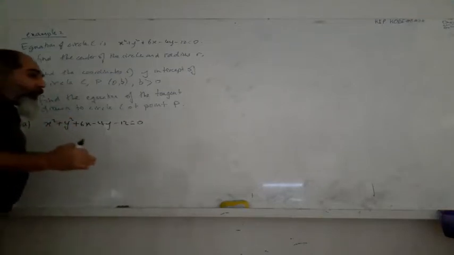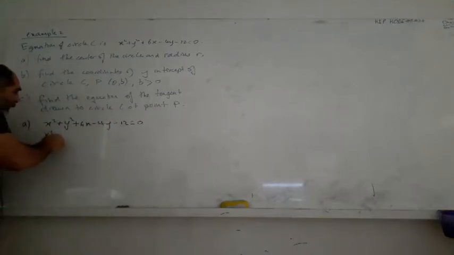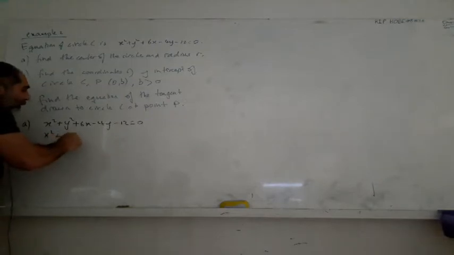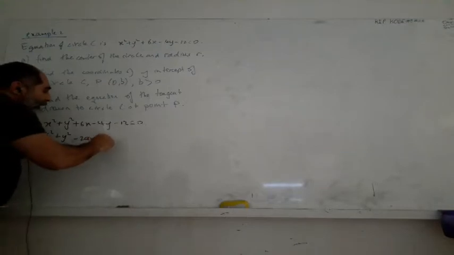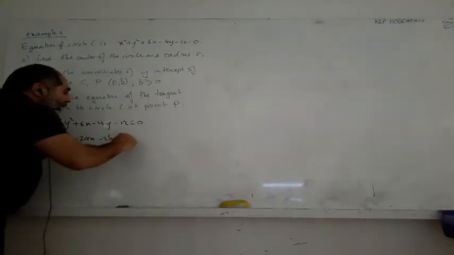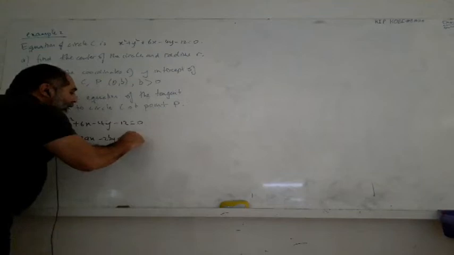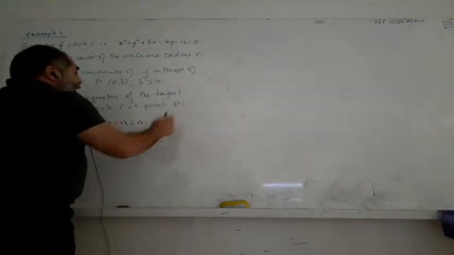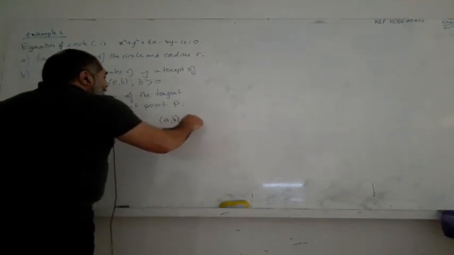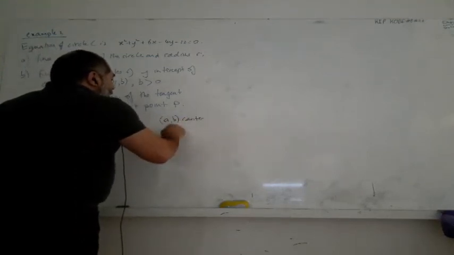Either (x minus a) squared plus (y minus b) squared is equal to r squared, or the expanded form of that one, which is x squared plus y squared minus 2ax minus 2by plus a squared plus b squared minus r squared is equal to 0, where (a, b) is the center and r is the radius.